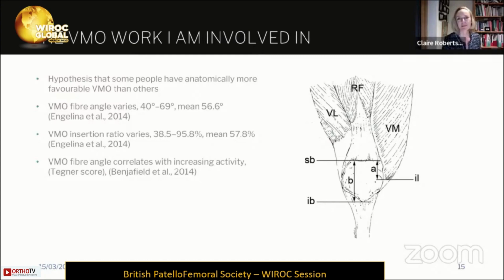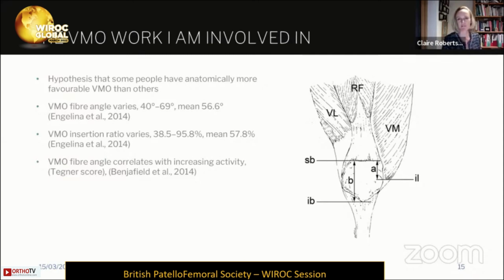This can be manipulated with exercise. When you hypertrophy your vastus medialis, you get larger fibre diameter, which in turn gives you a bigger vastus medialis angle coming in onto the patella, and it also spreads distally with its insertion. So that's what we're after in these patients that ultimately have compromised structural stability.